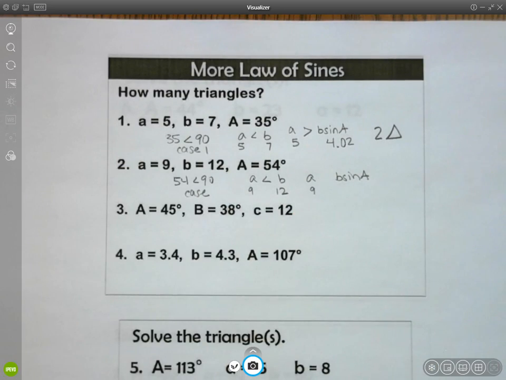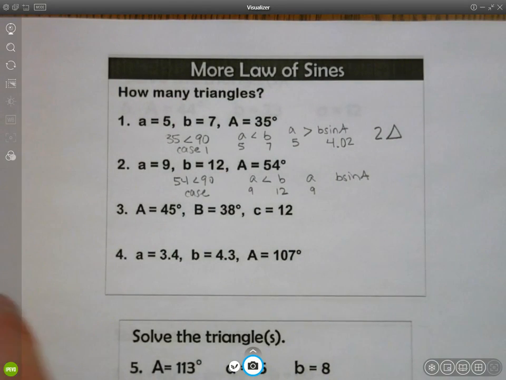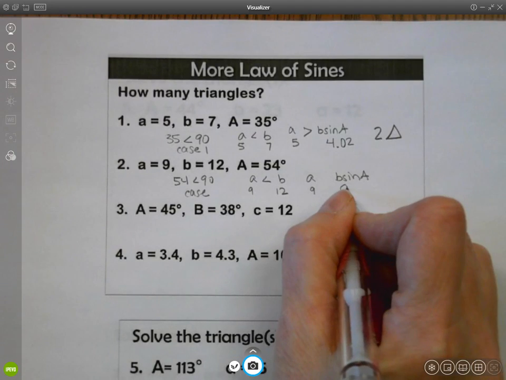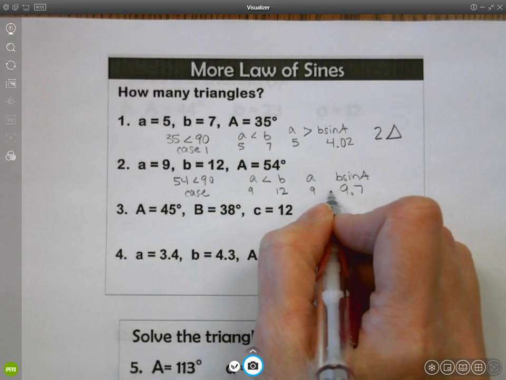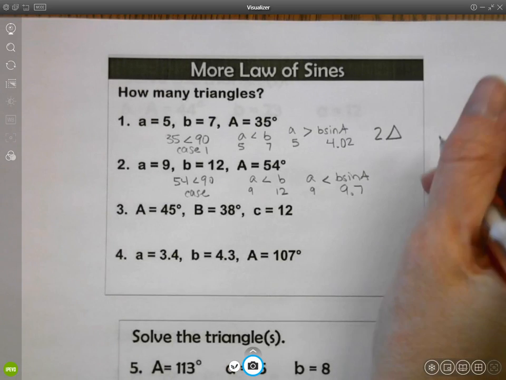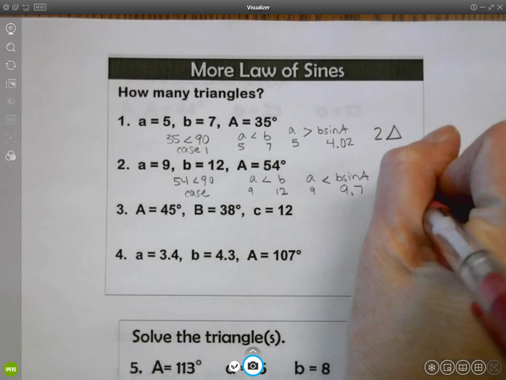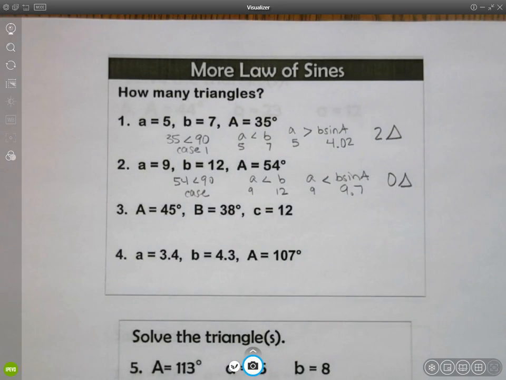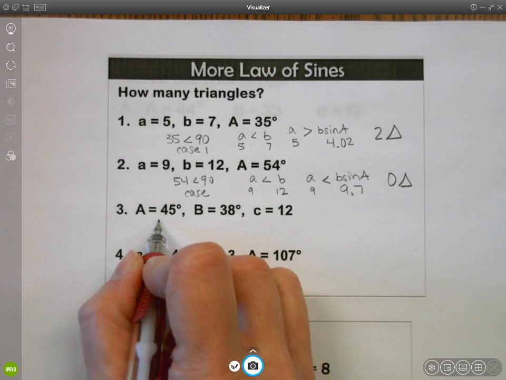If we do 12 sine of 54, I get 9.7. And we have a less than. 9 is less than 9.7, which means that that leg is just going to dangle. There are 0 triangles.